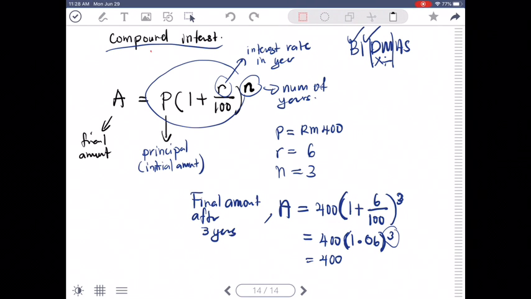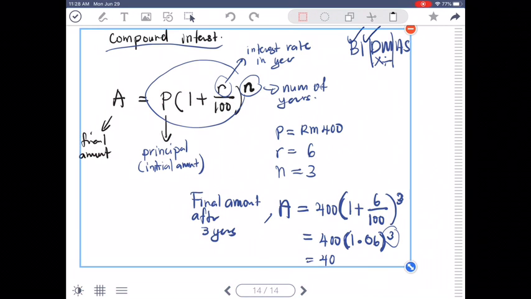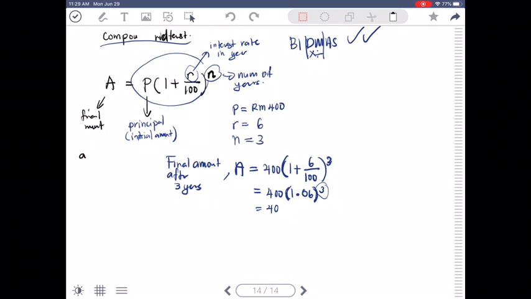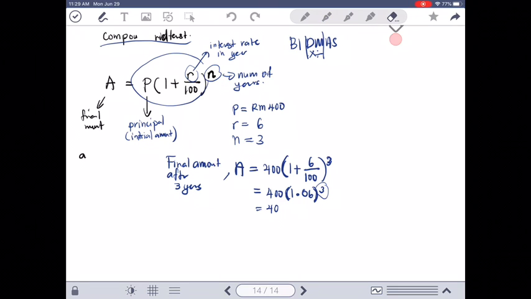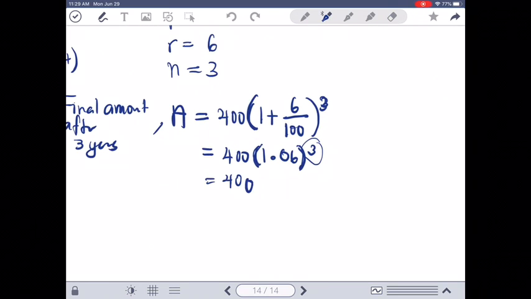Okay, let's shrink this a bit because we need more space. So 400 times, solve this first, you will get 1.092727.